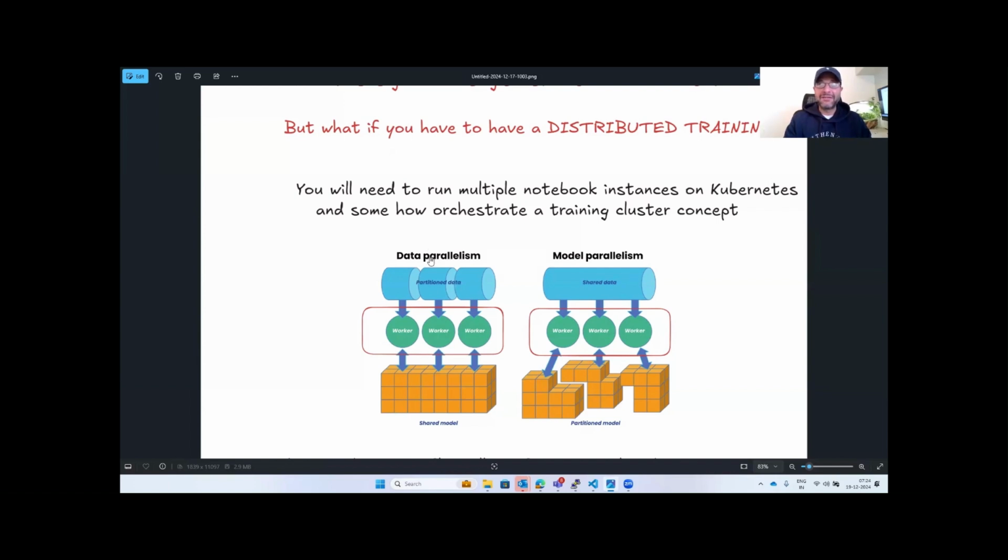There are two high-level concepts. One is called data parallelism. Second is called model parallelism. Both have their distinct needs as to why you would want to do that. Typically, the first one is to accelerate, because as your data sets are getting larger, you can shard your entire data set into smaller chunks.